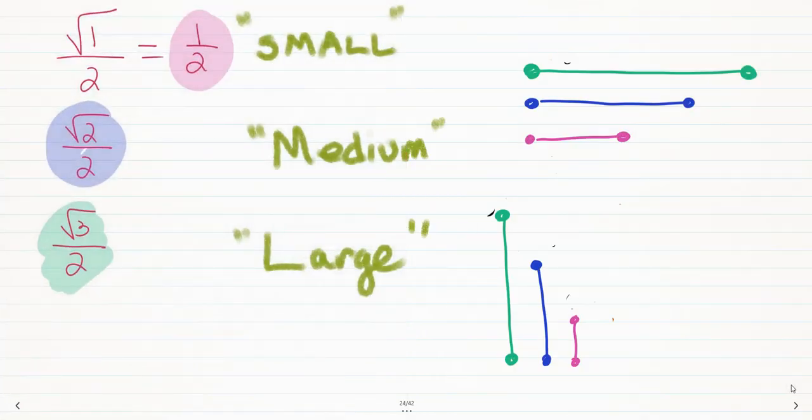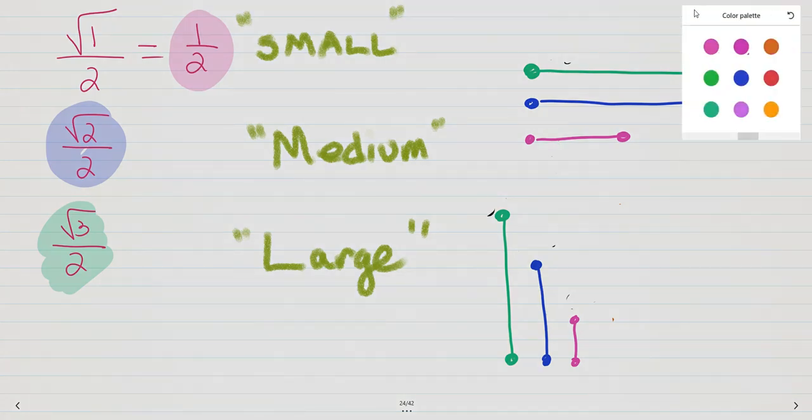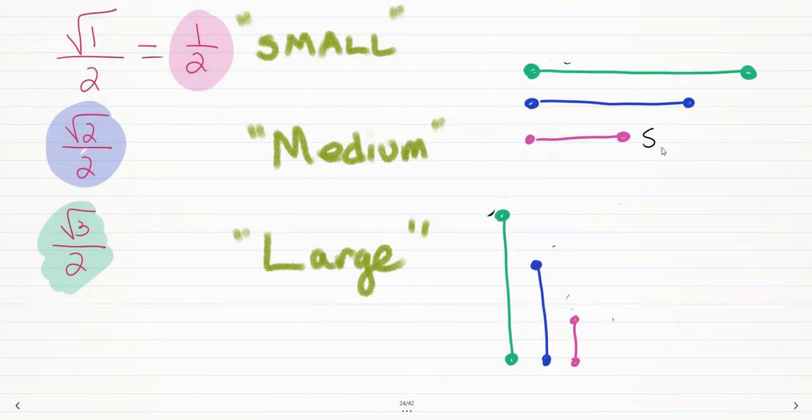In other words, if we had these 3 lines, we could call the lines a small line, this pink one, a medium line, that'll be our blue one, and a large line, that's the green one. I have them horizontal here. We could also write them vertically.